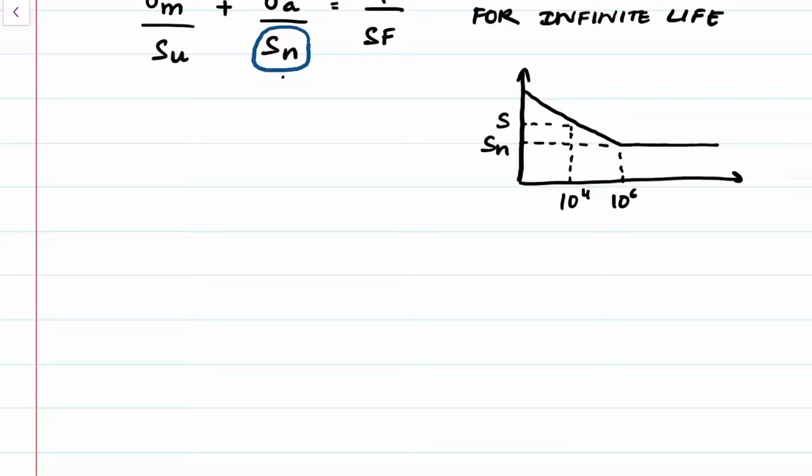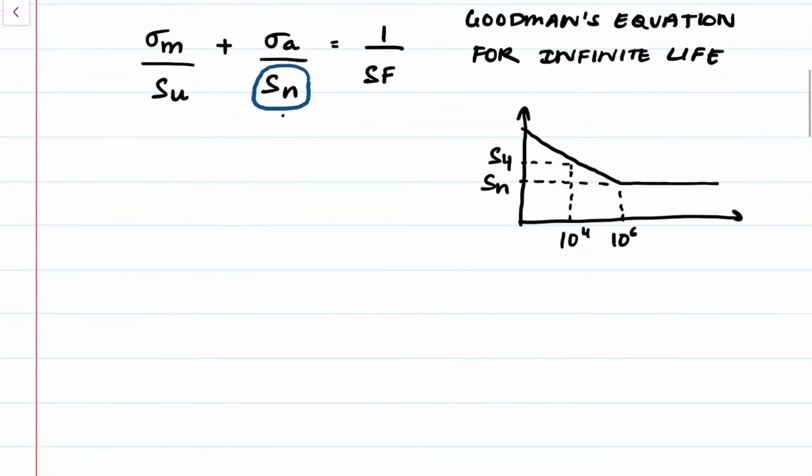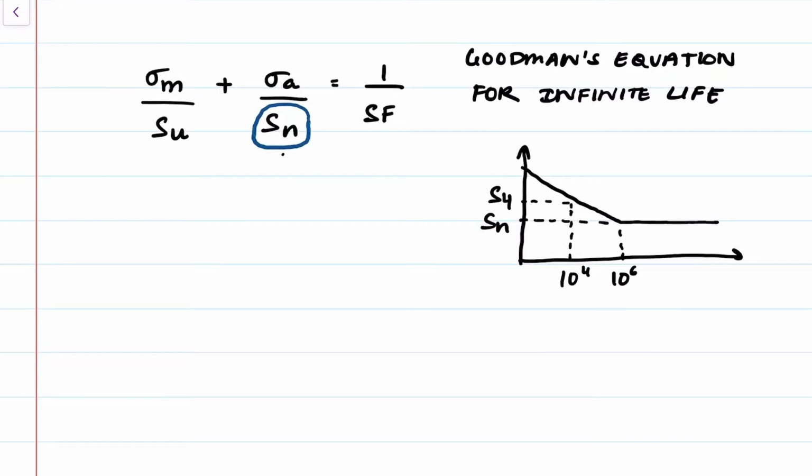Let's call that S4. So then we would modify this equation and write sigma m over SU. That wouldn't change because that has nothing to do with the fatigue part of it. It's just the mean stress plus sigma A over S4 is equal to 1 over SF.